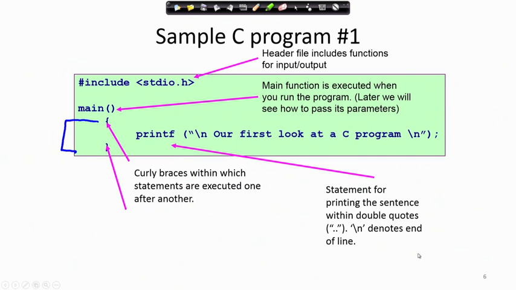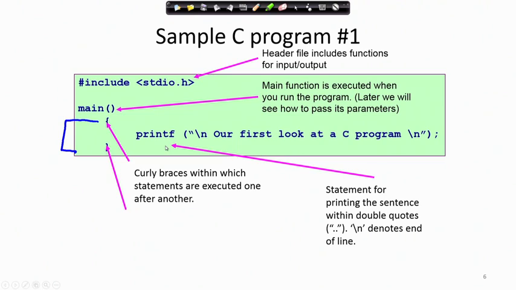Next, we come to the statement. As I had said, just like any other language, C also has some words which are understood by the compiler. Printf is one such word, which is a statement for printing the sentence that is given within these double quotes. You can see the double quotes here, and so what will it print?